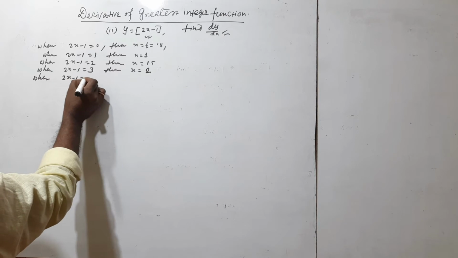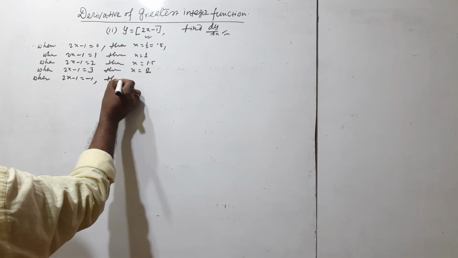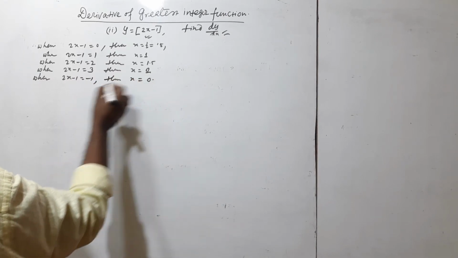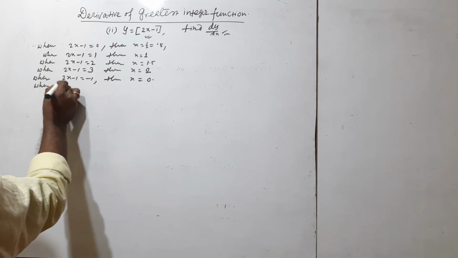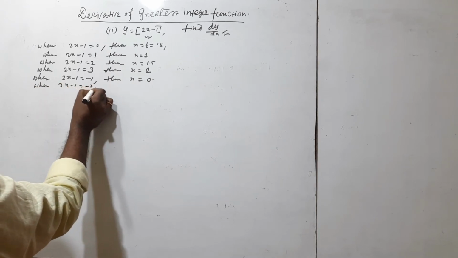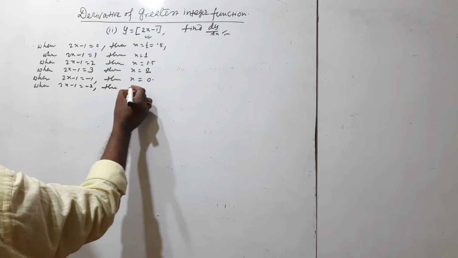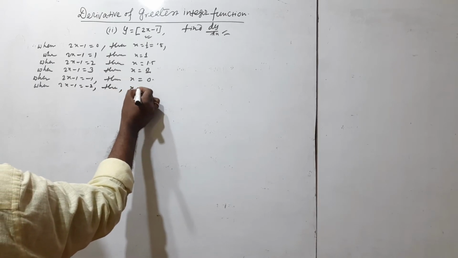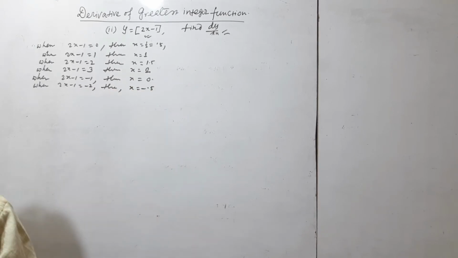When twice x minus 1 equal to minus 1, then x is equal to 0. When twice x minus 1 equal to minus 2, then x equal to minus 0.5.